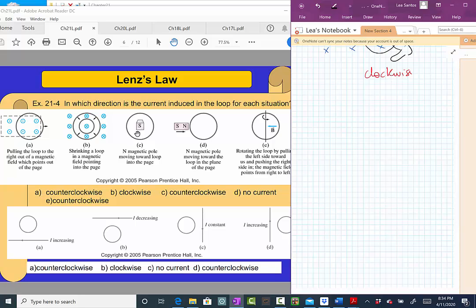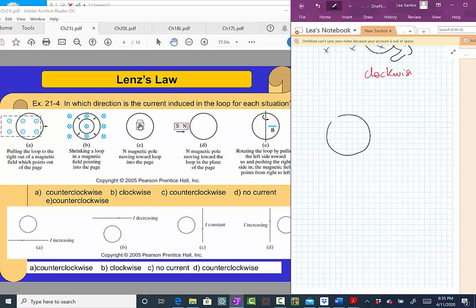What do we have? Well, in this case we have this loop, and you see that this is a magnet. Okay, so we have a magnet that we only see the south pole of the magnet, so the north pole is going into the page. Okay, so what this magnet is telling us is that we have magnetic field going into the page.